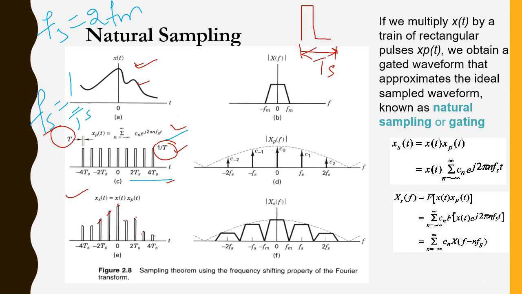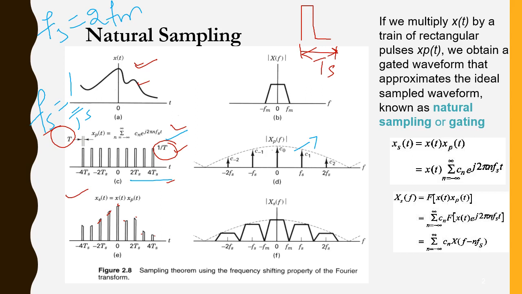We can look here at the magnitude of the spectrum. The magnitude of the spectrum of the pulse train is visible here as a dashed line, and it has the characteristic shape of a sinc signal. So why is that a sinc signal?